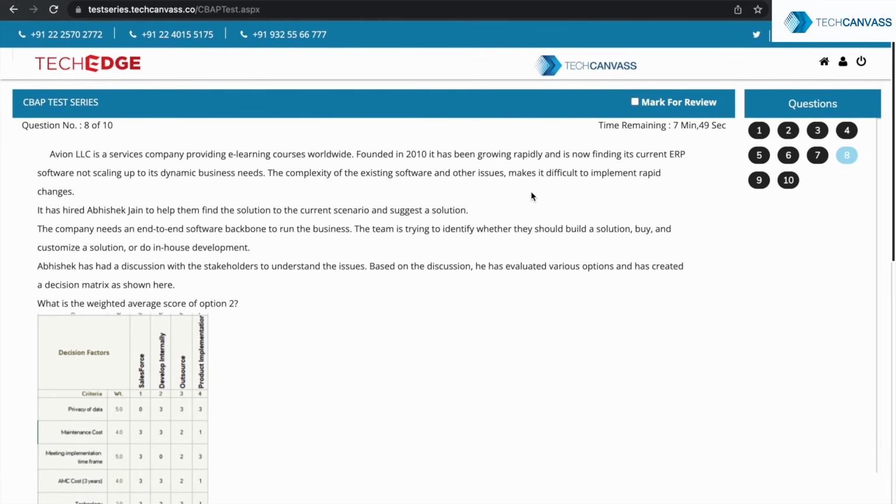So the question has a statement which gives some historical information about the organization, who the business analyst is, and what they have to do, and that the business analyst had a discussion with the stakeholders to understand the issues. Based on the discussion, he has evaluated various options and created a decision matrix as shown here. So the question is based on the decision matrix which the business analyst has prepared.